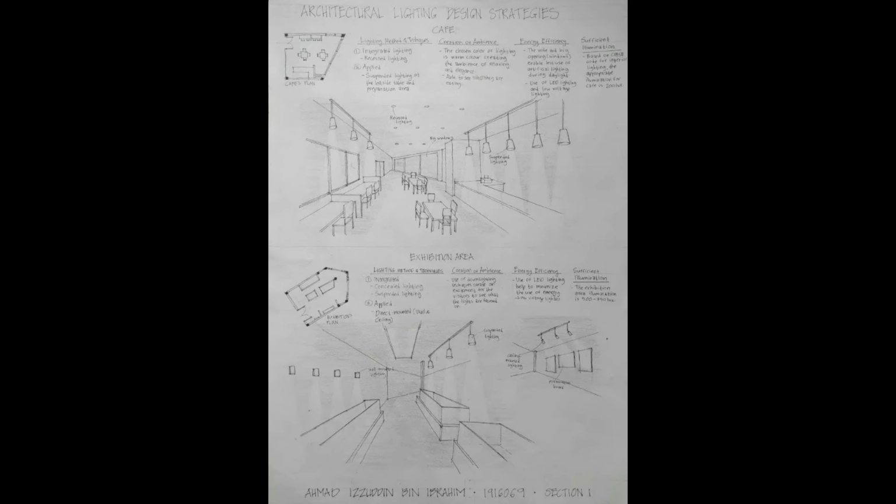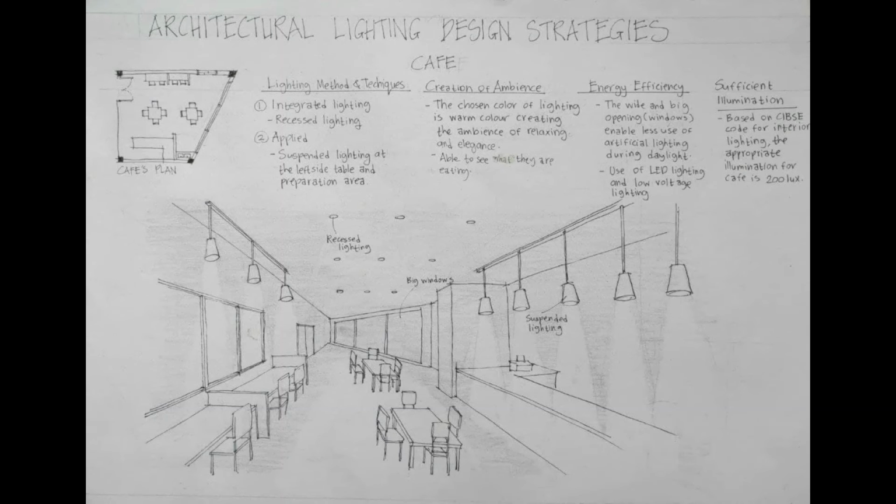Next, we move to the lighting design strategies for the cafe and also the exhibition area at this Turtle Rehabilitation Center. So at the cafe, I use two types of lighting, which are integrated and also applied lighting. For the integrated type, I use the recessed lighting located at the middle part of the cafe ceiling that can also function as the general lighting for the cafe.